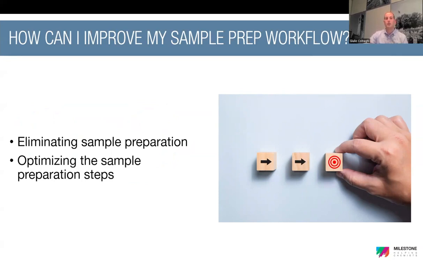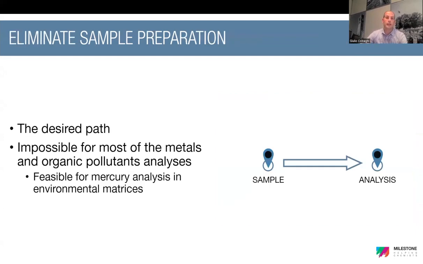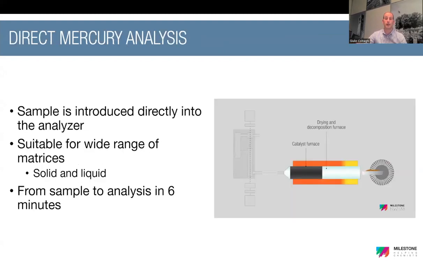But the second option is to optimize all the sample preparation steps and make a smoother transition from sample to analysis. Eliminating the sample preparation is clearly not feasible for several analyses and for several solid samples. But it is feasible for mercury analysis, for example, where we can directly determine mercury in environmental matrices without any sample preparation step.